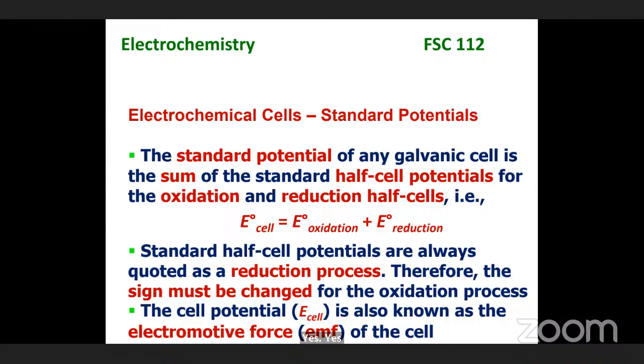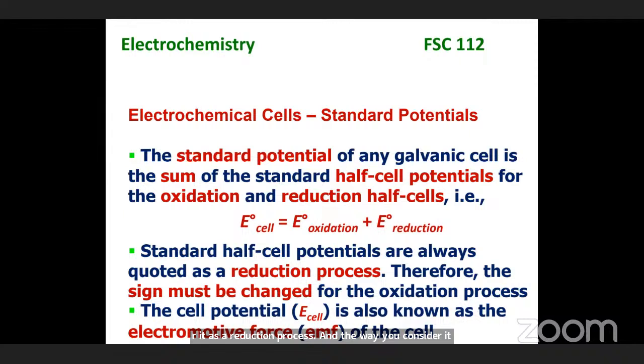So in order to factor that in, you say that because oxidation and reduction happen at the same time, and what you're dealing with is a reduction process, anywhere you see oxidation, in order to calculate your standard potential, you now consider it as a reduction process. And the way you consider it as a reduction process is by changing the sign of that potential.